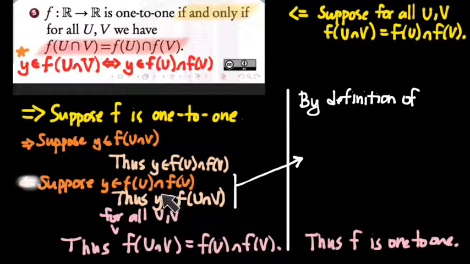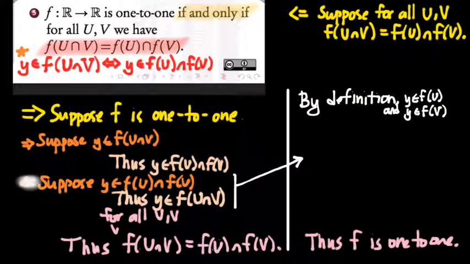What does it mean, by definition of intersection, for an element to belong to the intersection of two sets? It has to belong to both of those sets in turn. So by definition, y belongs to f of u and y belongs to f of v. Okay, so we know both of those things are true.